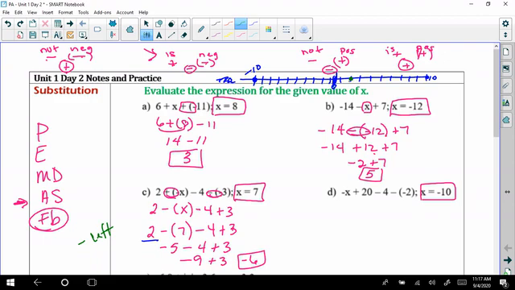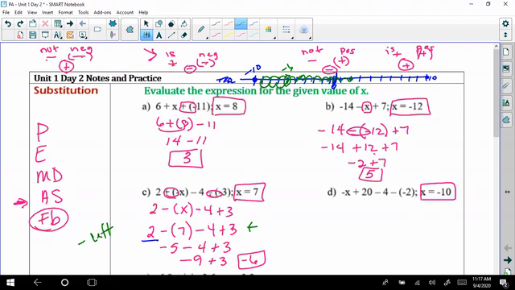So if I went left 1, 2, 3, 4, 5, 6, 7, and then I'm going to go left 4 more, just looking at it from right at this level right here. I'm going to go left 4 more, 1, 2, 3, 4, and then I'm going to go right 3, 1, 2, 3. This is where I am, which would be negative 1, 2, 3, 4, 5, 6. That's how I got that.